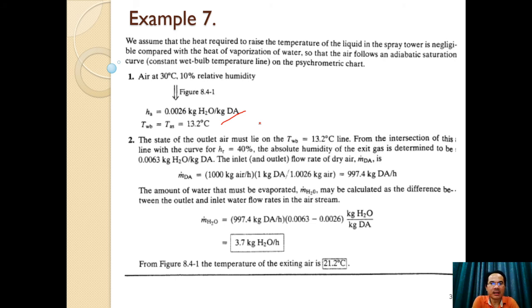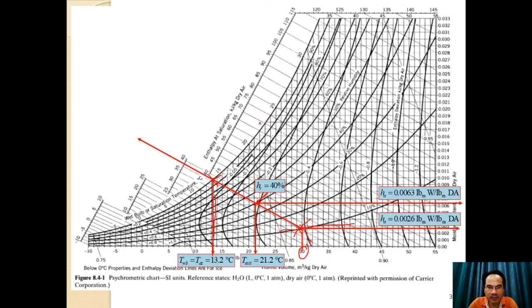Next you state the outlet air. In this case, the outlet air should be located between the starting point and the point at the wet bulb or saturation line intersection.